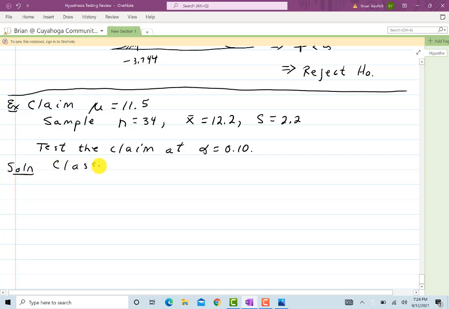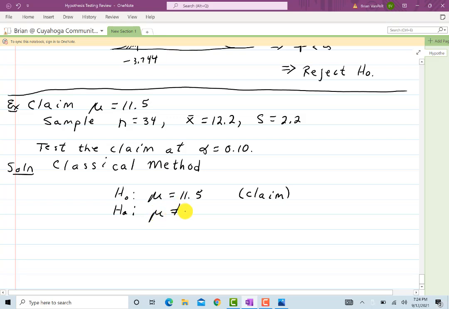This will be the classical method. So first, let me get these down. Many times I forget this, but you shouldn't. Mu equals 11.5. That is the claim. And that means the alternative hypothesis is that mu does not equal 11.5.